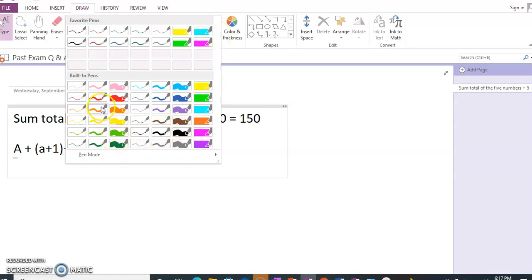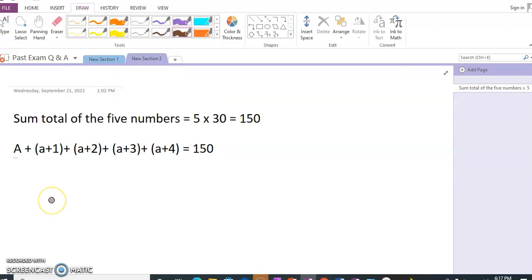Now, look at how many A's we have here. That's 5 A's.